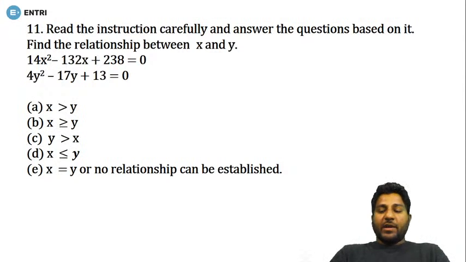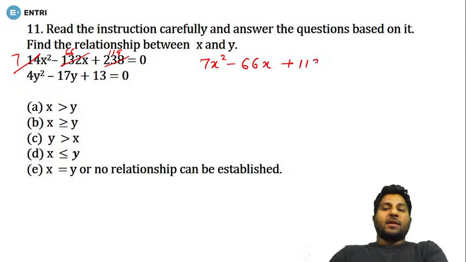First of all, you need to eliminate it with 2, because it will become easier. Okay, look at this. Whenever you do that, you will not only simplify it but make your calculation easier. 66 and 119. Okay, look at this. 7x square minus 66x plus 119.